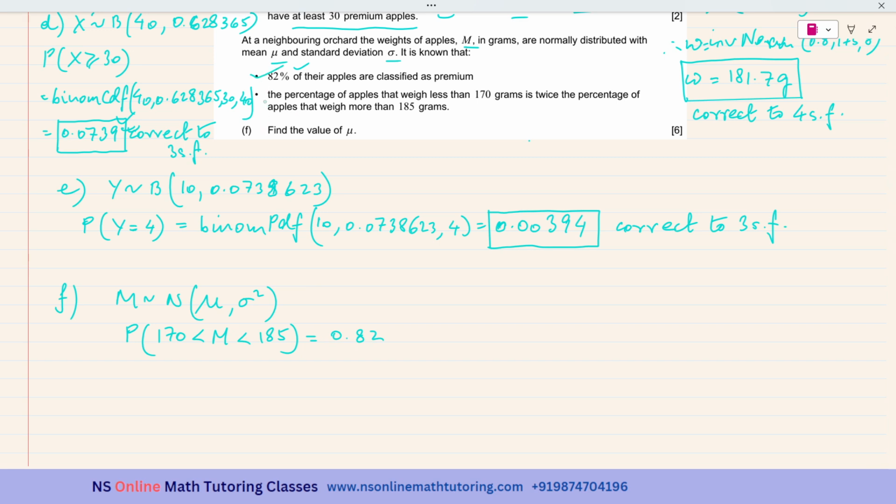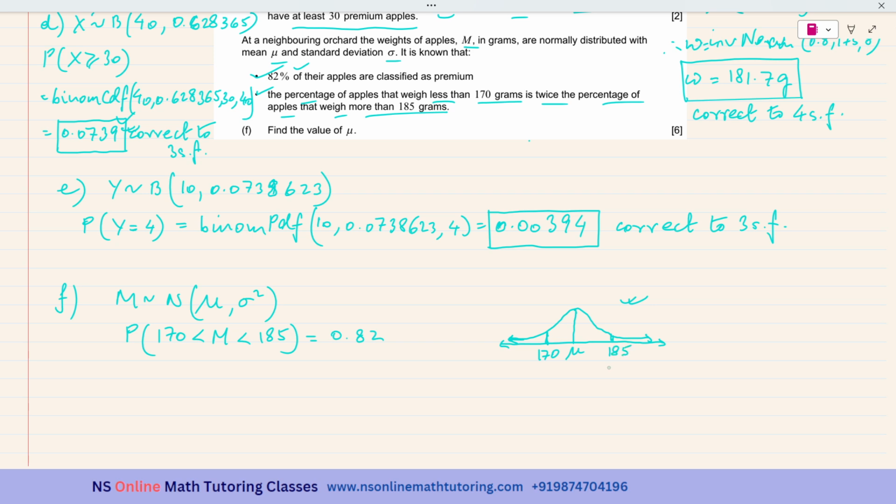This is number 1 information given to us, and the second information is the percentage of apples that weigh less than 170 grams is twice the percentage of apples that weigh more than 185 grams. So if we think of the normal distribution curve, maybe 170 is this one, and 185 may be this one.